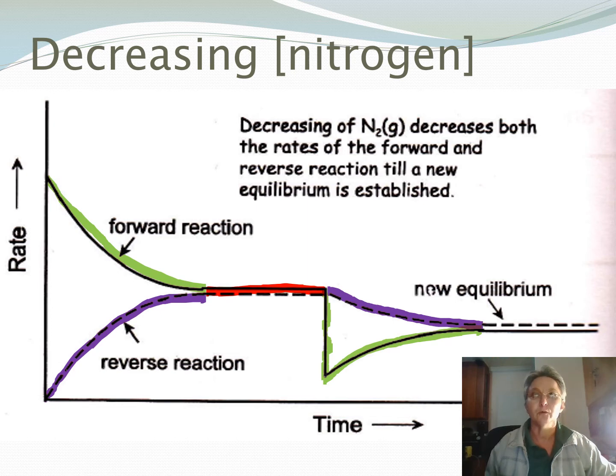The ammonia would rather decompose to form more nitrogen in the reaction mixture. And there we have a new rate of equilibrium, but it will be a lower rate because you removed the nitrogen from the reaction mixture.